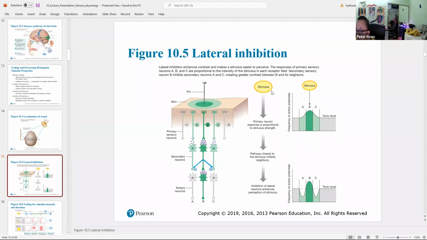To get a sharp stimulus, and with your fingertip this is particularly sharp, this neuron that's firing not only wants to fire, but also wants to inhibit the neurons around it. So the only signal you're getting is from this neuron, and therefore you feel it being sharper. There is more lateral inhibition, so the area you feel is more precise.